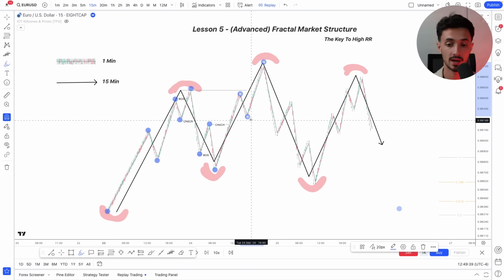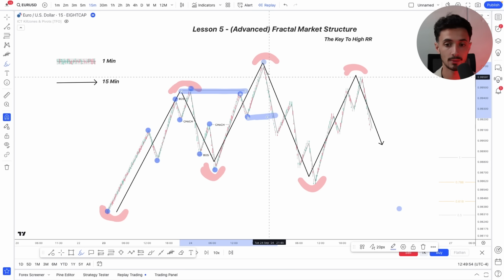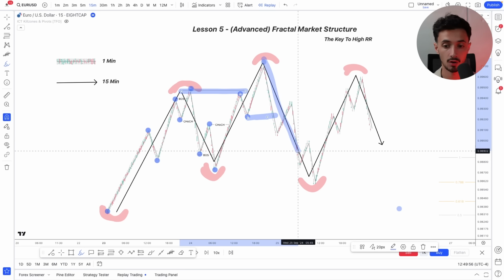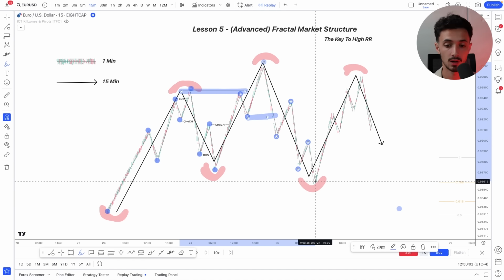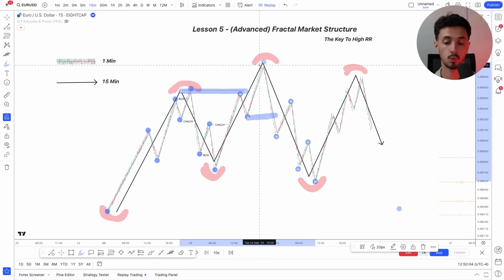Again, we go higher low, higher high, break of structure on the 1 minute. Change of character on the 1 minute. This change of character tells us what? We've just broken structure on the 15 minute, right? There's our 15 minute break of structure. And we've just had this confirmation. Well, guess what? Now it's time for the pullback of the 15 minute. That's why we get lower low, lower high, lower low, lower high, lower low on the 1 minute.